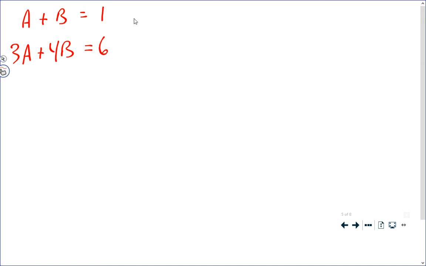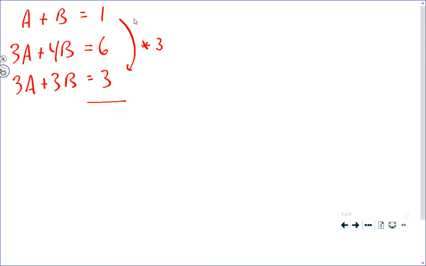So now we are going to solve this system of equations. Probably what I would do is take equation 1 and multiply it by either 3 or 4. I'm going to multiply equation 1 by 3. 3 times a is 3a, 3 times b is 3b, 3 times 1 is 3.